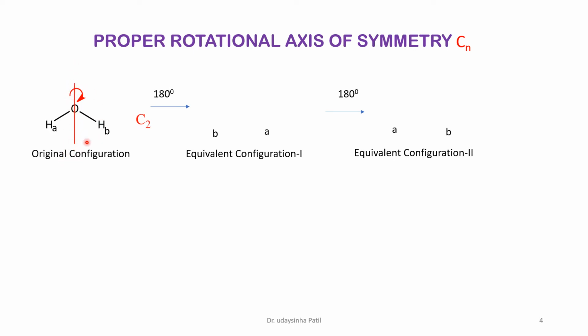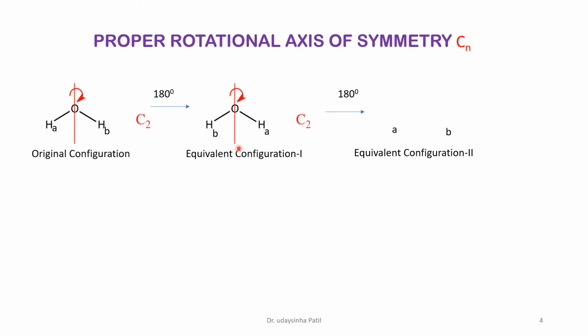When you rotate about the axis with an angle theta, that is 180 degrees, there are two possible configurations, configuration number 1 and configuration number 2. When you rotate HAOHB through 180 degrees along the axis, we get the equivalent configuration first, that is HBOHA.